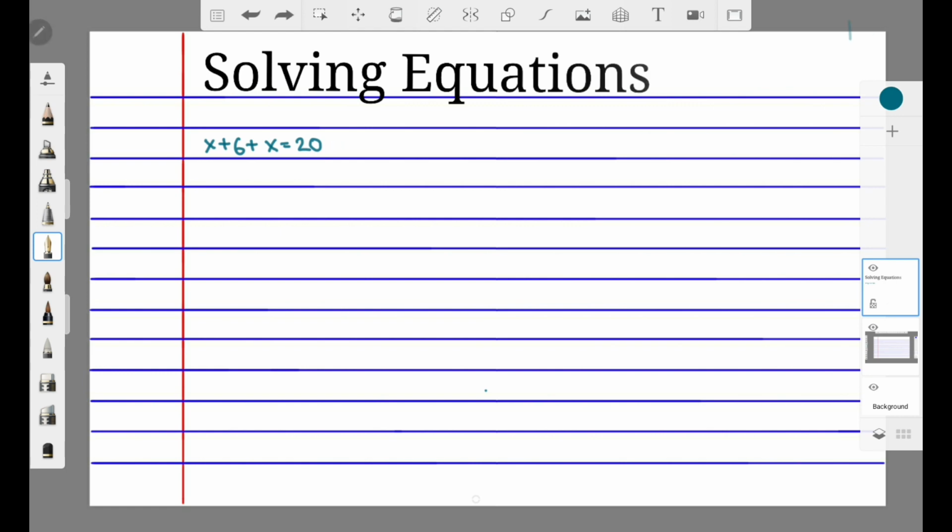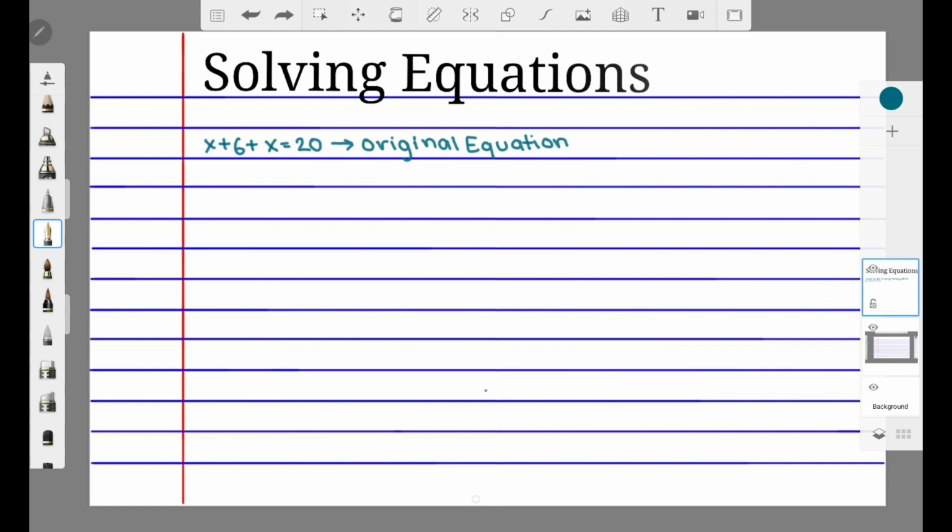So this is our original equation. All right. The first thing we want to do is to move the values so that we'll be able to combine like terms.